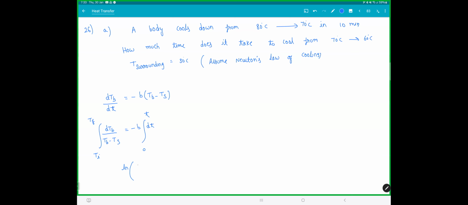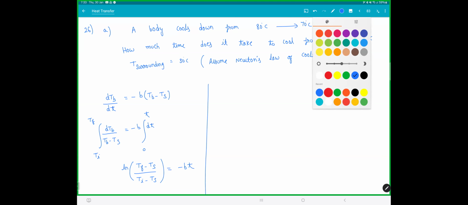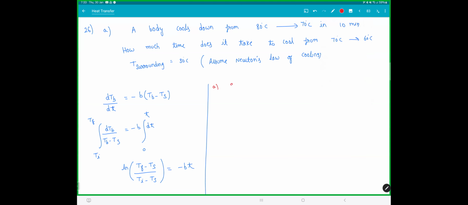So ln of (T final minus T_S) by (T initial minus T_S) is equal to minus Bt. So for the first part, when you go from 80 to 70, ln of (70 minus 30) by (80 minus 30) is equal to minus B times 10 minutes.